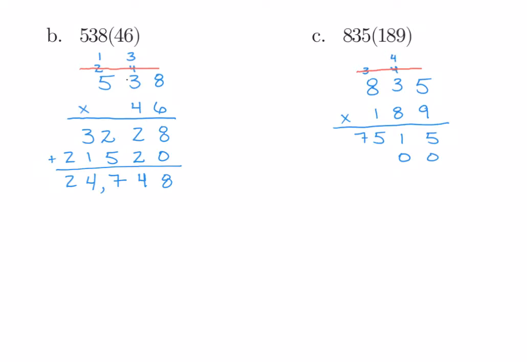8 times 3 is 24. And 24 plus 4 is 28. 8 times 8 is 64. And 64 plus 2 is 66.